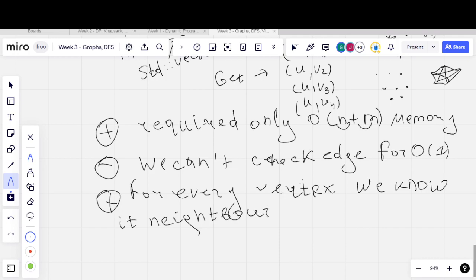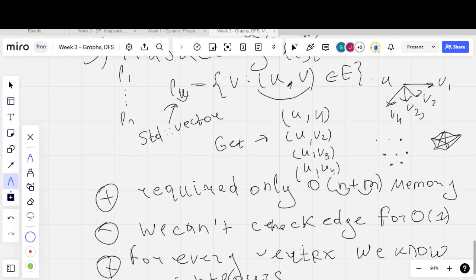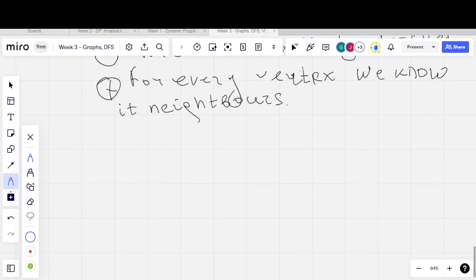If we consider some vertex, we know that we can get the list of its edges. Yes.